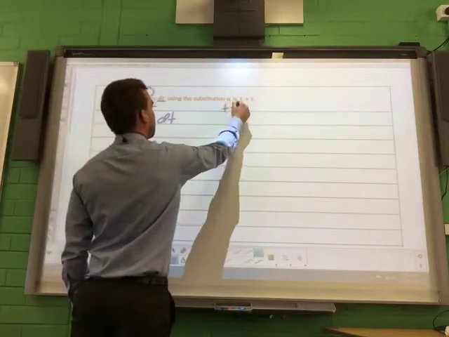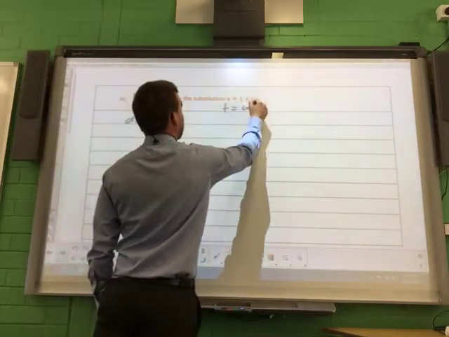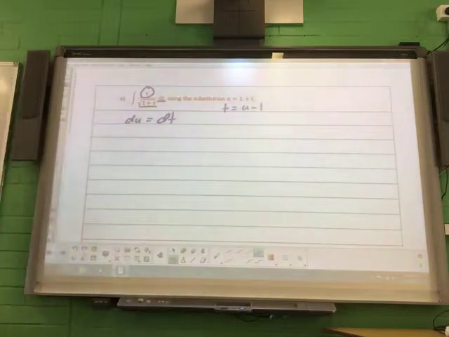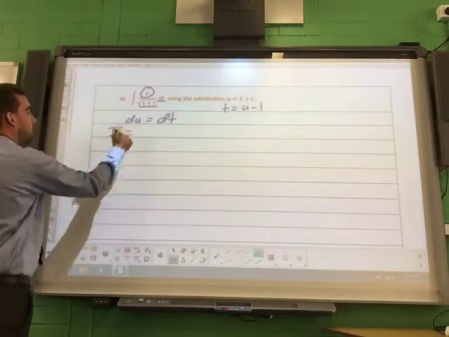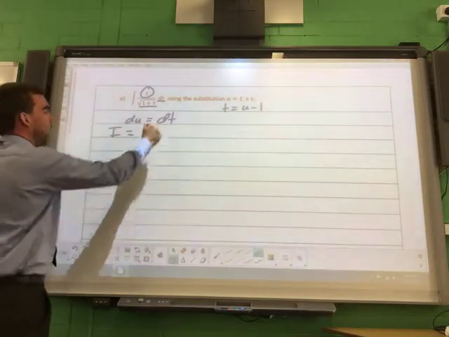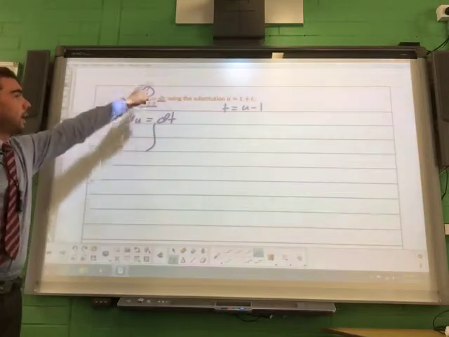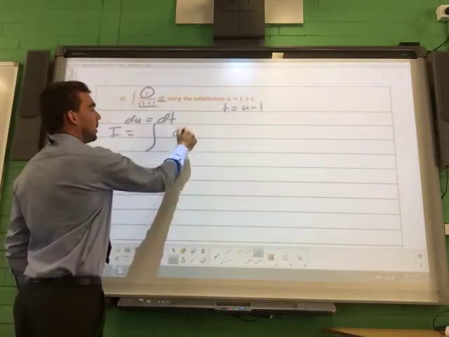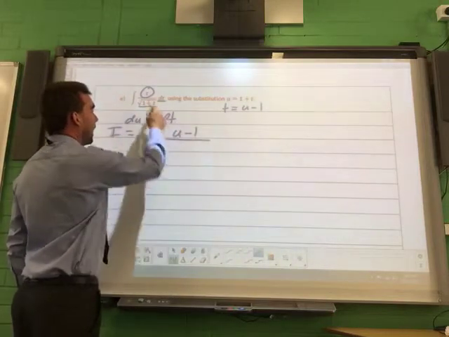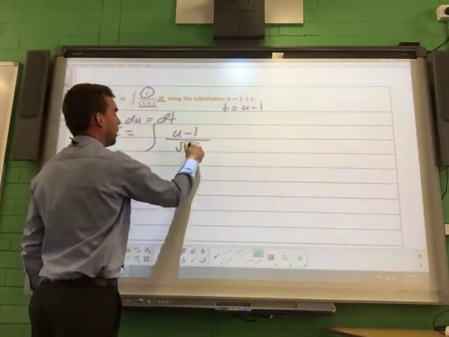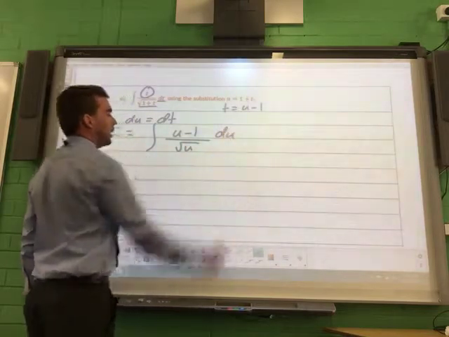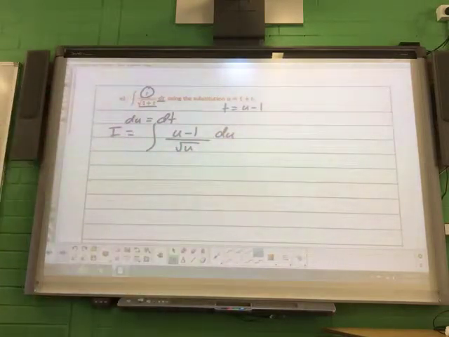So t is going to be u take away 1. So capital I for the integrand is going to be: dt gets replaced with du, t on top of the fraction is u take away 1, and the square root of u on the bottom, and du is what I'm integrating with respect to.